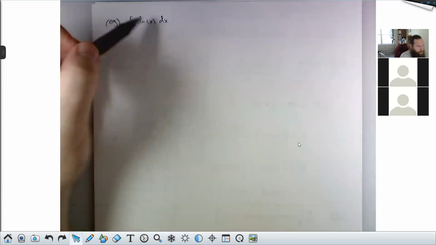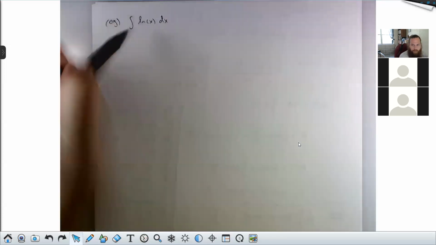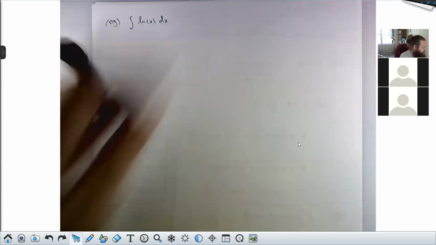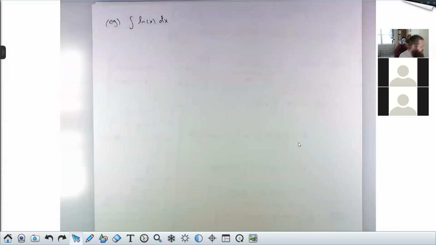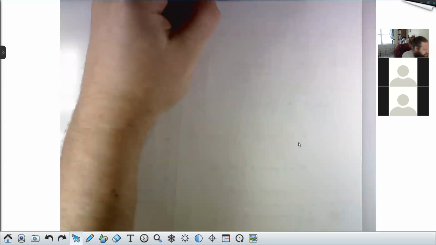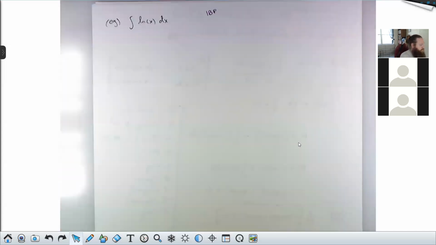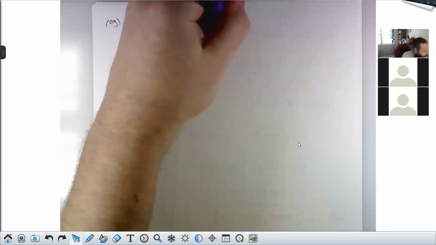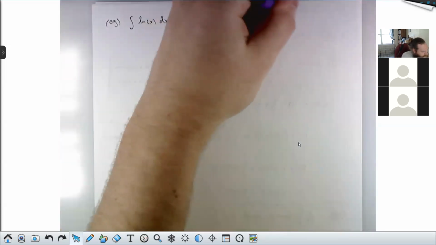And this doesn't really look like a product, right? This isn't something I would differentiate with the product rule if I was taking a derivative, but still integration by parts is the way to do it. I think about my LIPET rule. So I know I need to choose u and I need to choose dv.